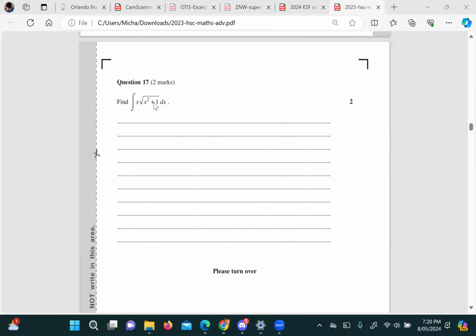So the key to this reverse chain rule thing is the fact that the derivative of x squared is equal to 2x. And we don't really care about the 2. We can create that out of nothing. It's the x, and then the x is actually timesing, okay?